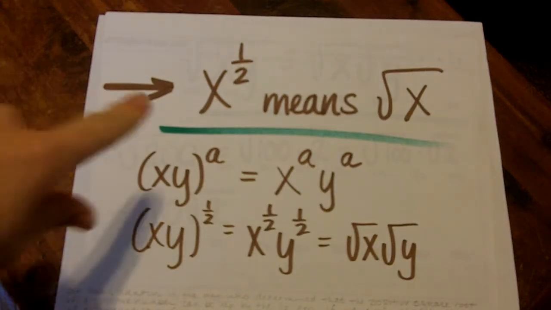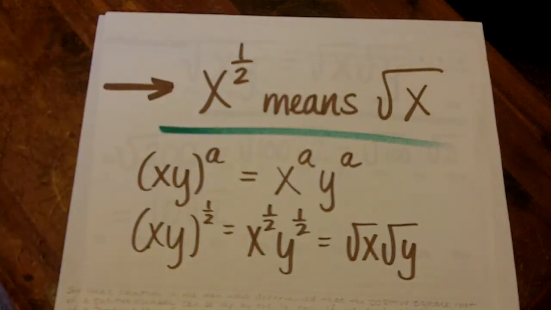But you just need to know that the half exponent means the square root of. In fact, the third exponent would mean the cubed root of, and the fourth exponent would mean the fourth root of. And we may do a little bit of that as we move further into the chapter, but mostly we're going to be concerned about squares and square roots.